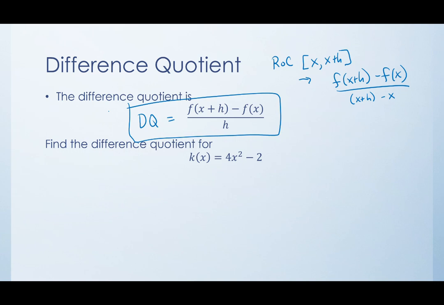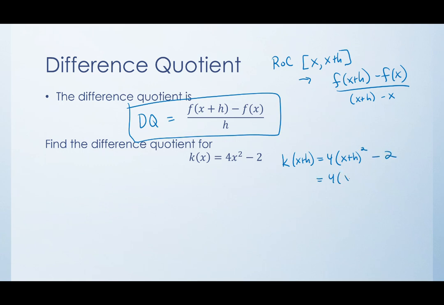So we're going to do this a second time, finding the difference quotient for the function k of x equals 4x squared minus 2. First thing, to save myself some writing, k of x plus h, we're going to calculate that one first. So we've got 4 times x plus h squared minus 2.